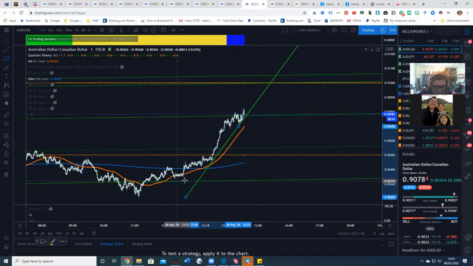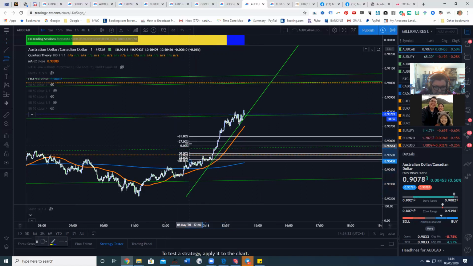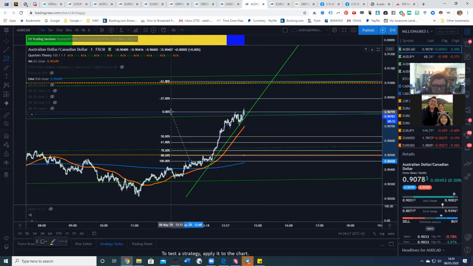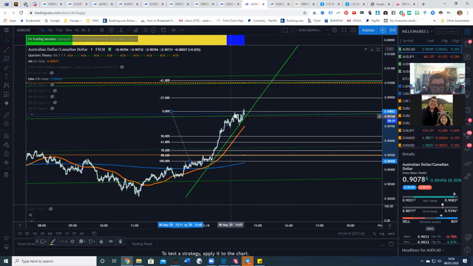So where am I going to choose for my previous low? That one, I think I could, or I could choose that one. That's where I kind of think, have I chosen the right one? So that one up to not current price. You never want to take current price, and you do it from low to high as we're looking at a buy. So that point there, and then we want to see where did it retrace to.